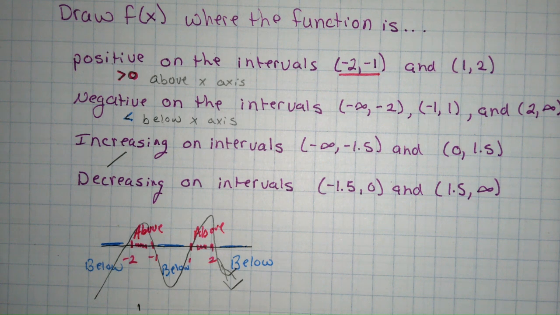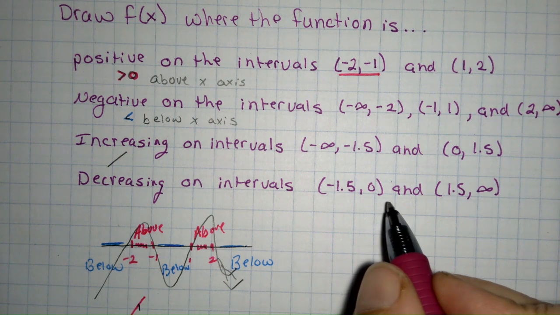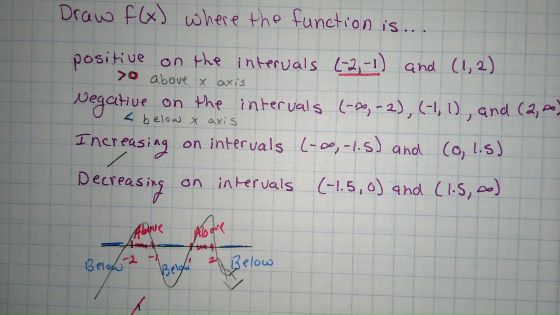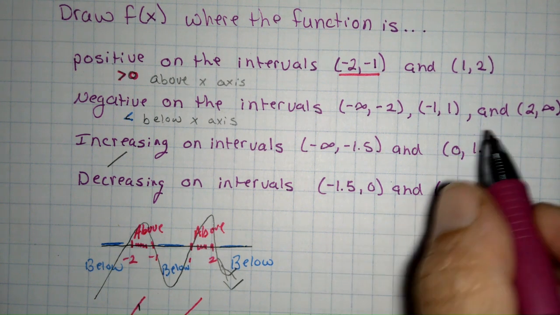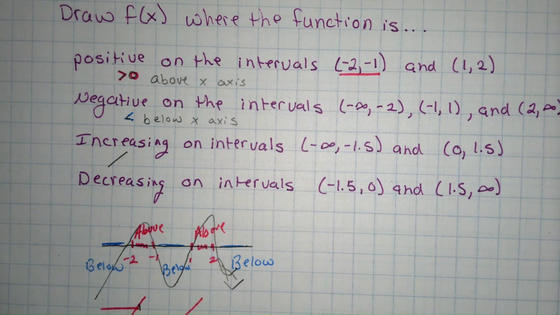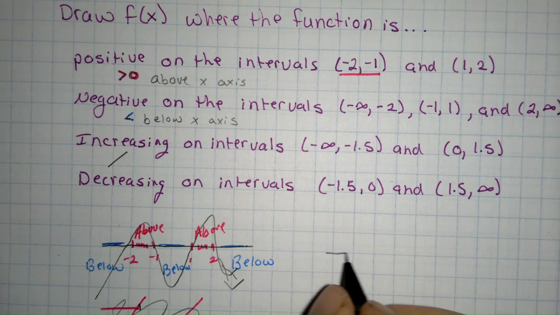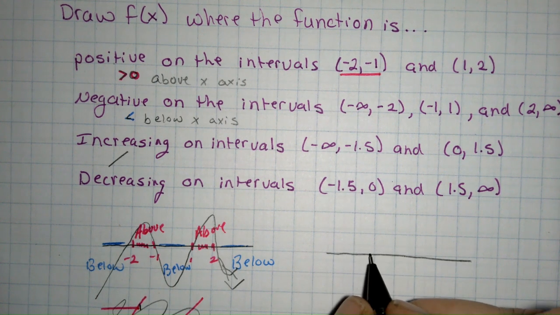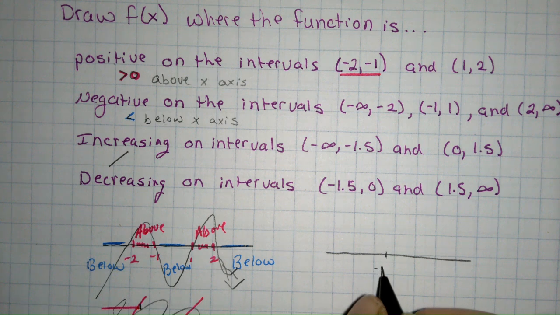They want us increasing between there and here. Between, let's see. Let me draw that similar to how I did before. We'll ignore this little step right here. And we'll scratch that out. So, increasing from -infinity to -1.5.